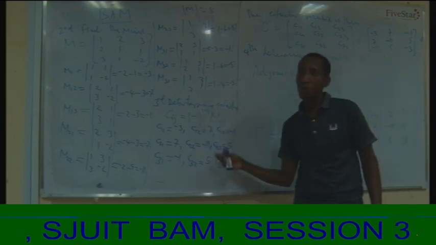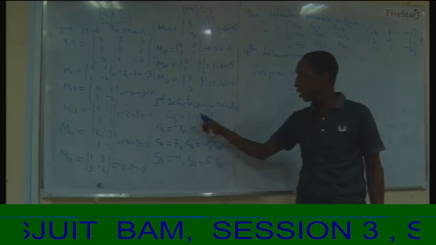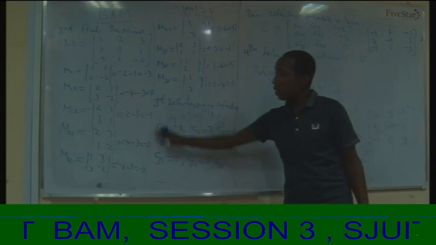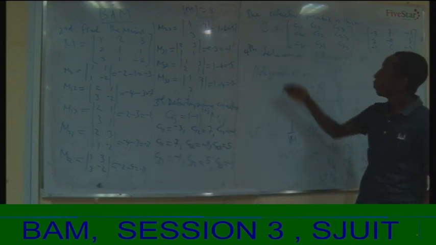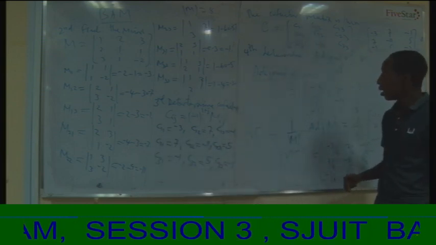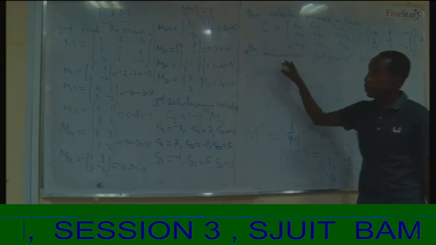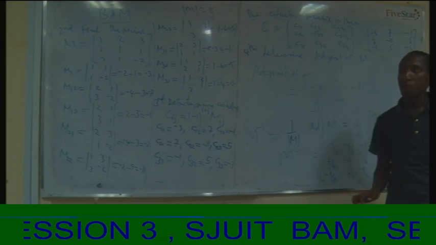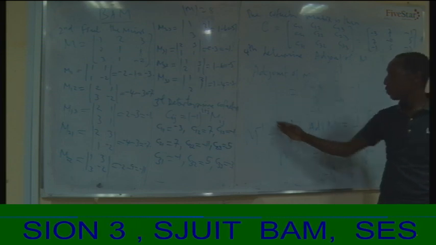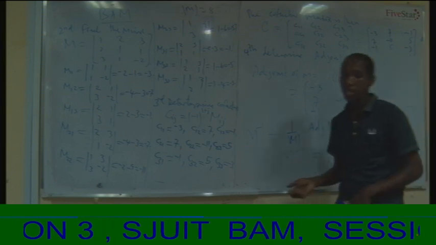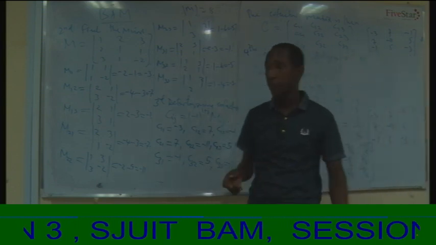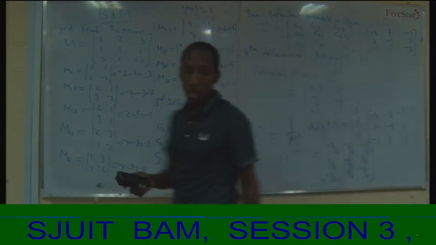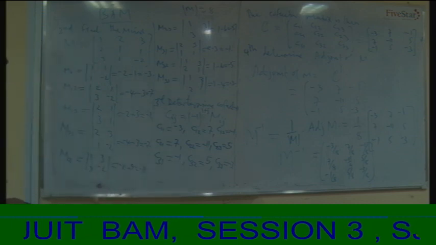If i plus j is odd, then negative 1 to an odd power is negative, so the sign changes. After finding the cofactors, we form the cofactor matrix. The fourth step is to determine the adjoint of M, which is just the transpose of the cofactor matrix. After that, the inverse is given by taking 1 over the determinant times the adjoint of M. And of course, that is what we had at last.